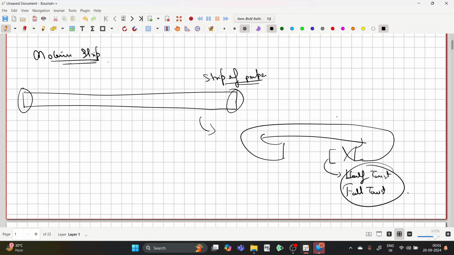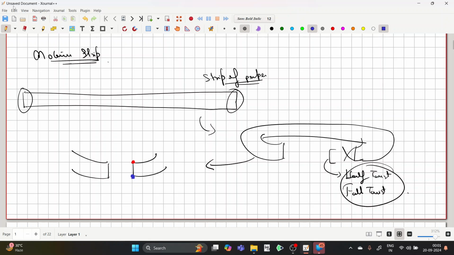So what we do is that we twist this paper. I'm just drawing half the paper now. So this is one end of the paper, this is another end of the paper. Suppose I identify the upper vertex with a red dot and the lower vertex with a blue dot. So I am twisting this out.